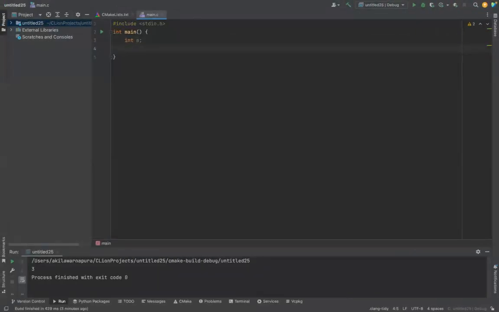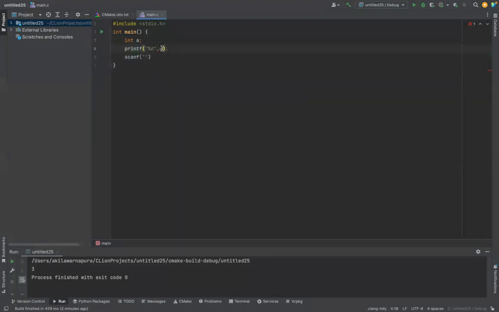Then printf, percentage D, and A in the scanf, we have to take.